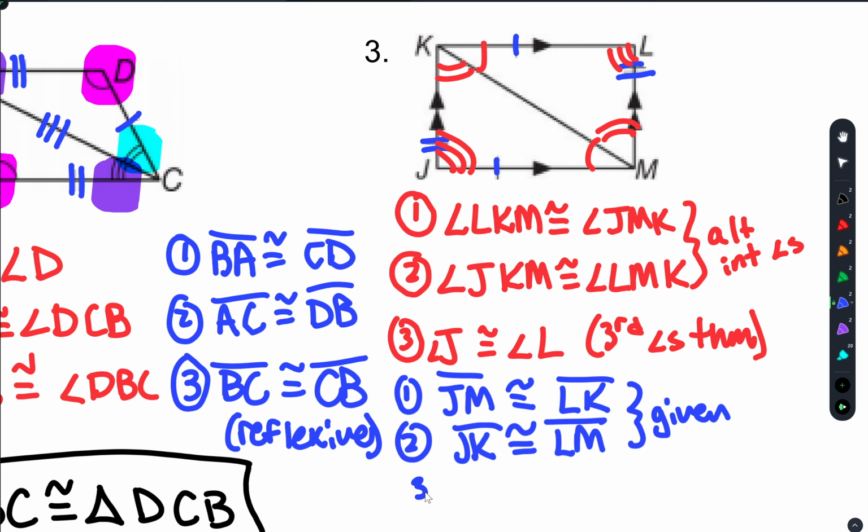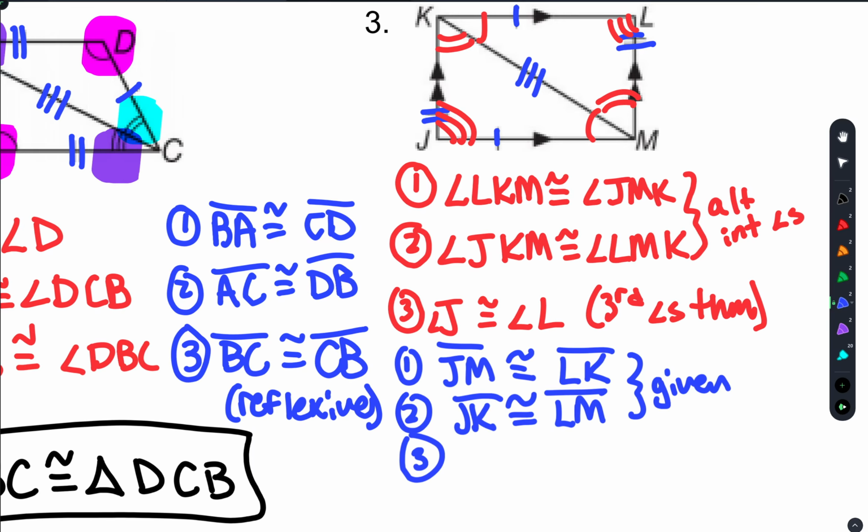Those were given. How do I get my third side? We just did it in the last one. I need this. Why is that? Caitlin? Yeah, it's reflexive. So remember, we have to write KM congruent to MK, and that's reflexive.